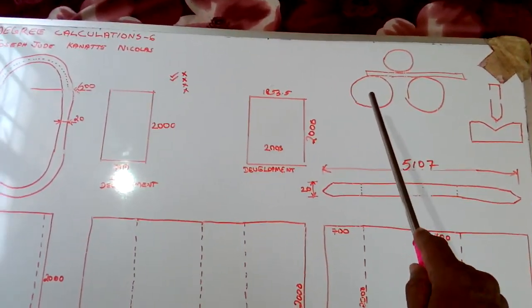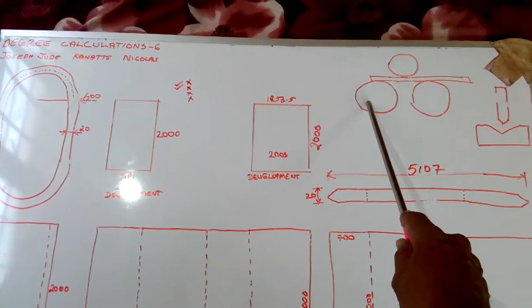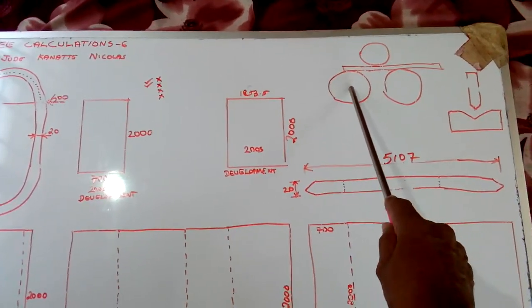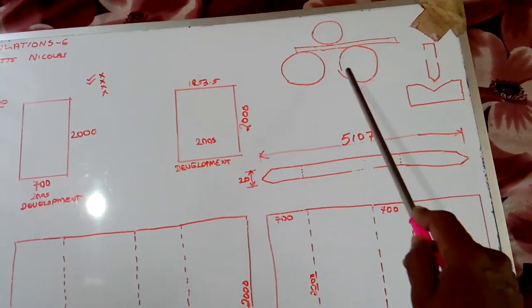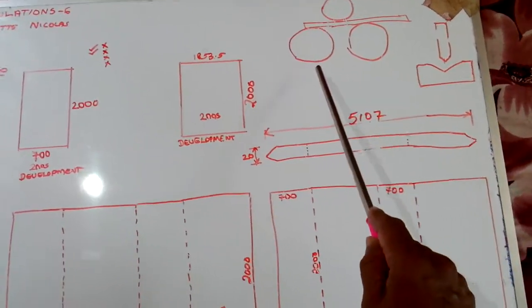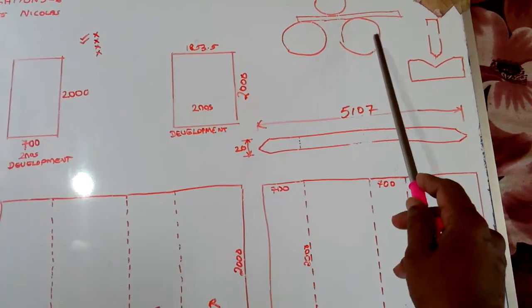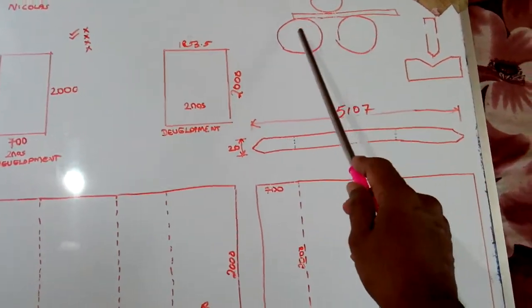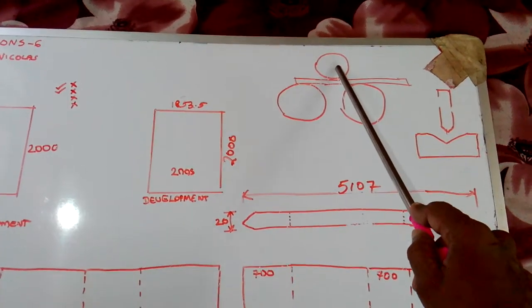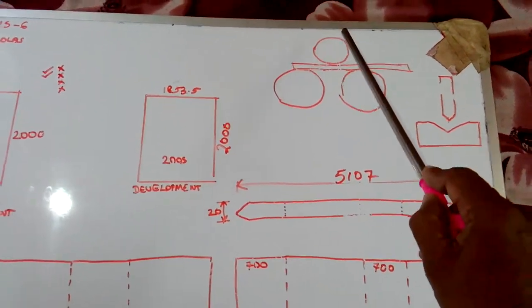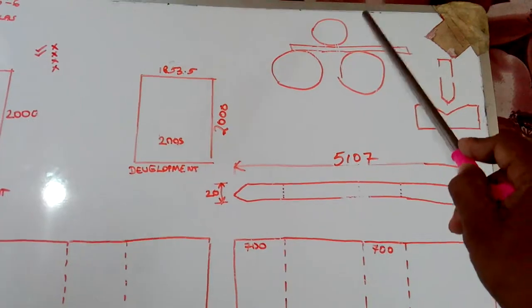Some machines have a bigger distance from roller to roller than another; some will have a much smaller distance than what I have indicated here. Likewise, the rollers also vary. Some rollers will be small, some may be big.